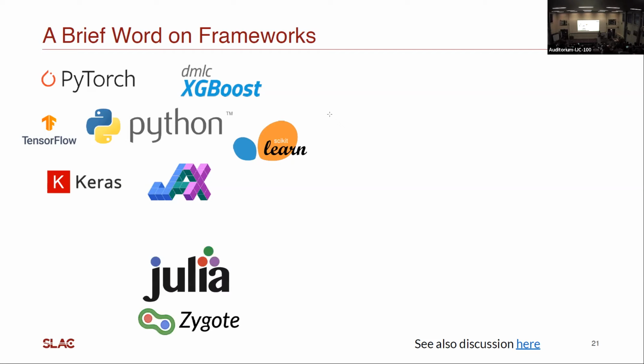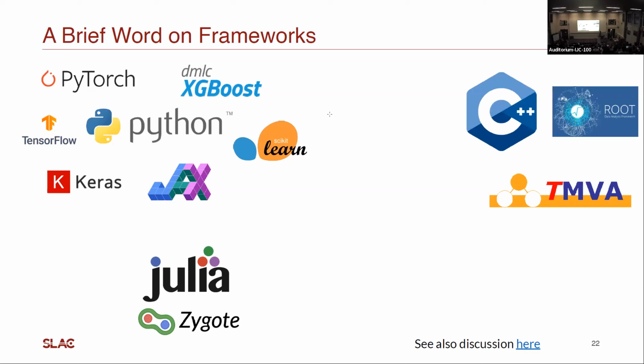But then also entering the conversation is Julia. There are some nice automatic differentiation tools for this as well, like Zygote is one of the big examples, but also it's a compiled language, so people like it for scalability, and so on. So on the radar for sure. There's, of course, the C++ and ROOT area of things as well.